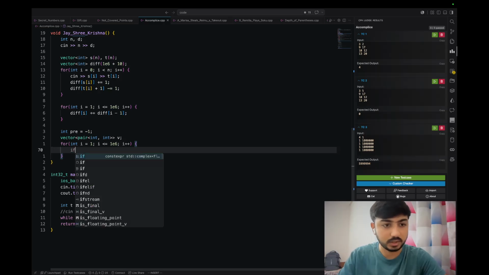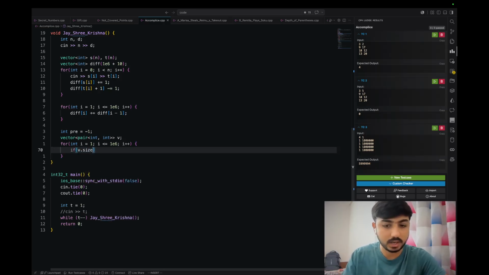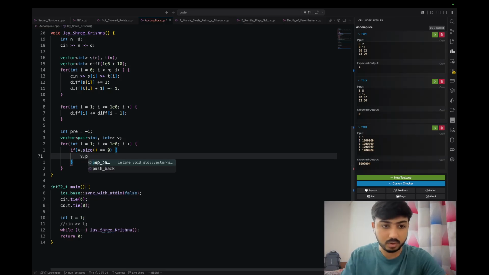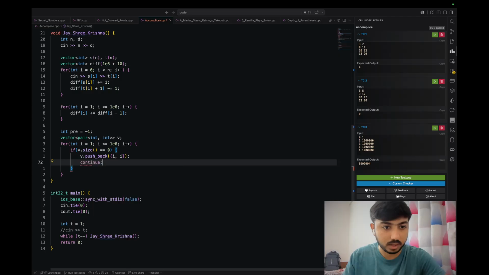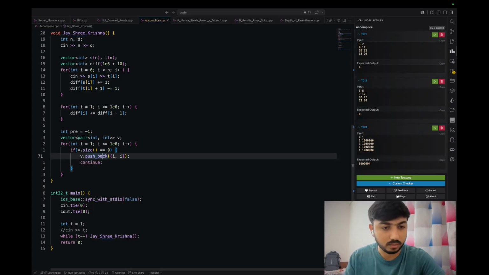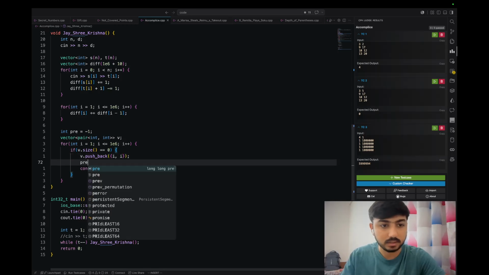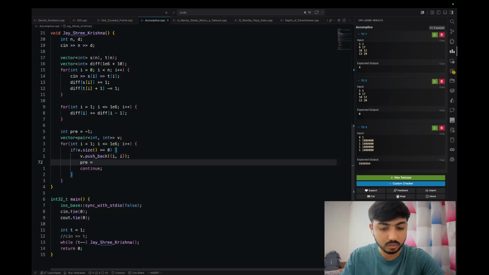First level check if v dot size is 0, then we have to do v dot push_back I comma I and continue. And previous is equal to difference of I.